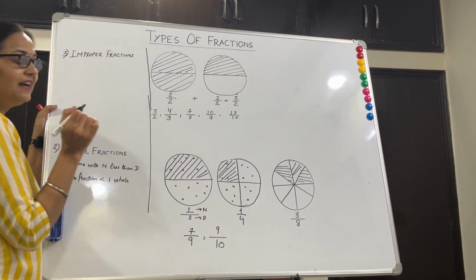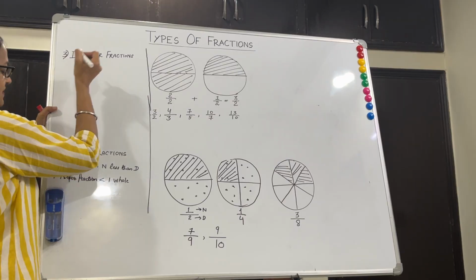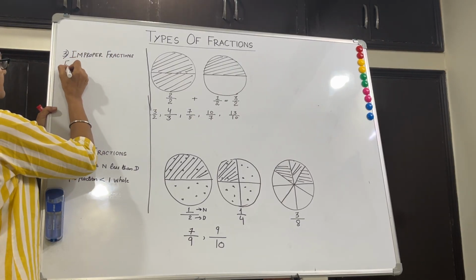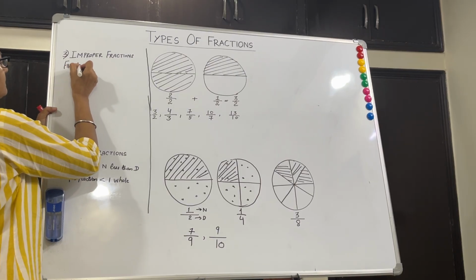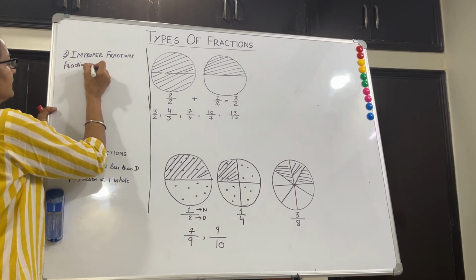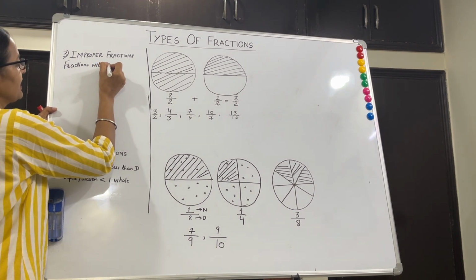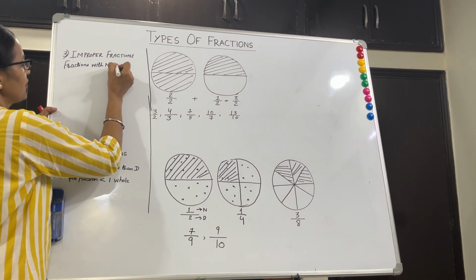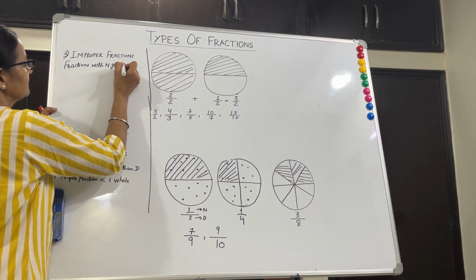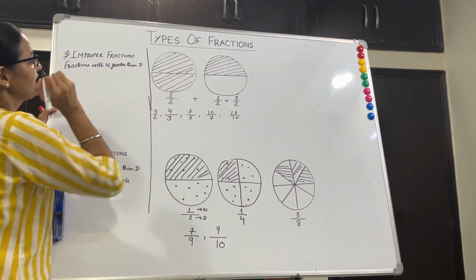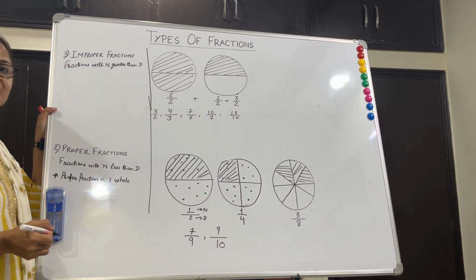So fractions with numerator greater than denominator are improper fractions.